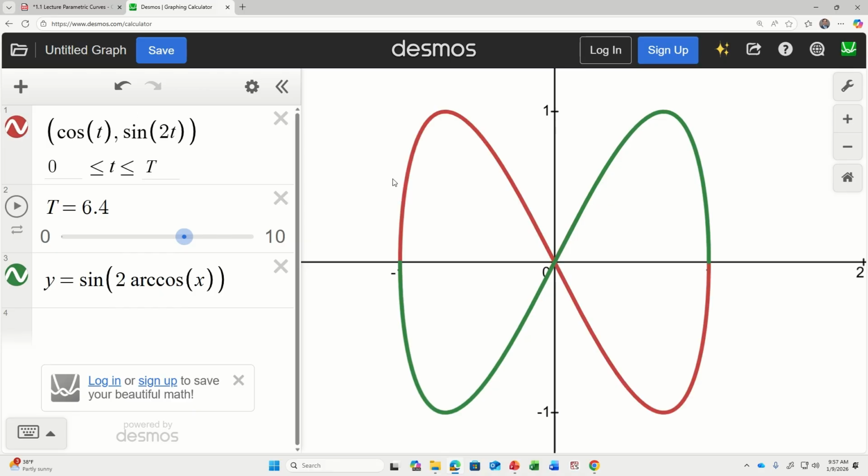But the red curve we started off with is not a function. So you would end up getting 2 values of y for each value of x, or most values of x. And so whenever I write it like a function, it's going to lose part of the curve. Whenever I rewrite this as a function, it's going to naturally just get rid of part of the information.